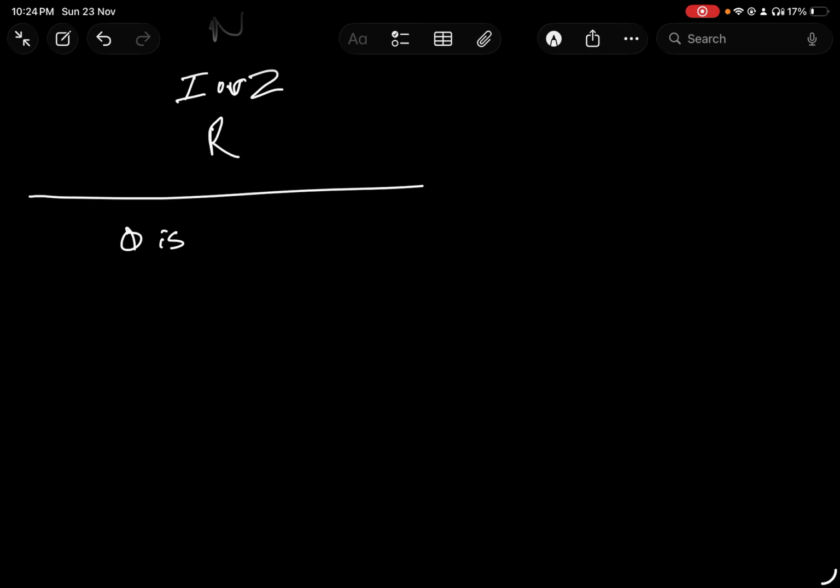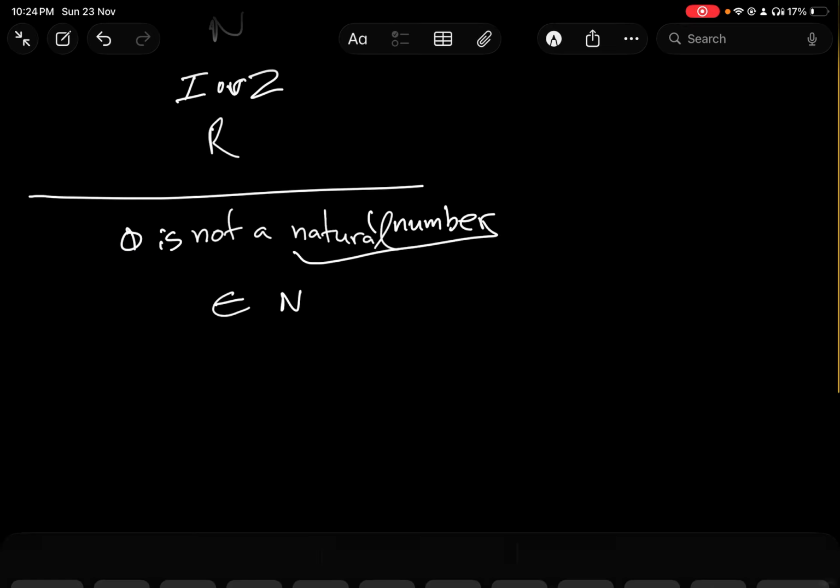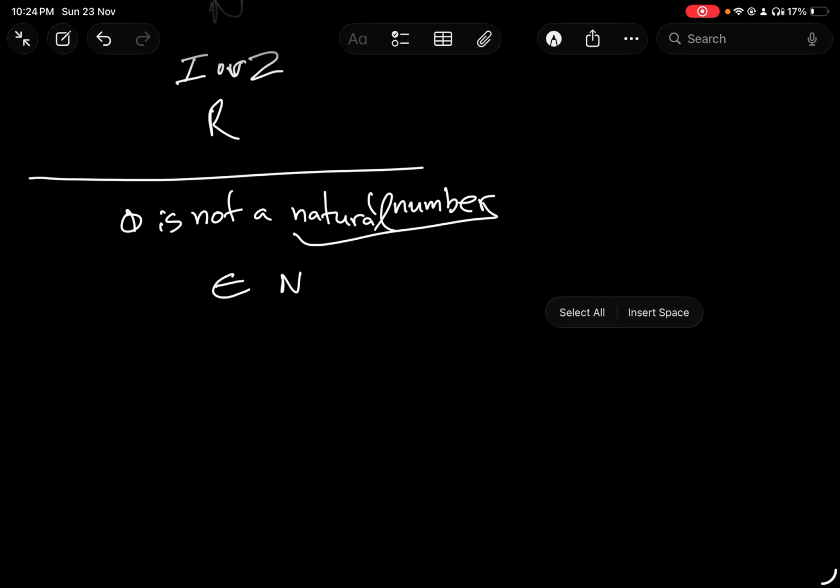Moreover, 0 is not a natural number, which we have already discussed. So instead of writing this, you know that we have the notation belongs to. The natural number set is N, which is 1, 2, 3 to infinity.